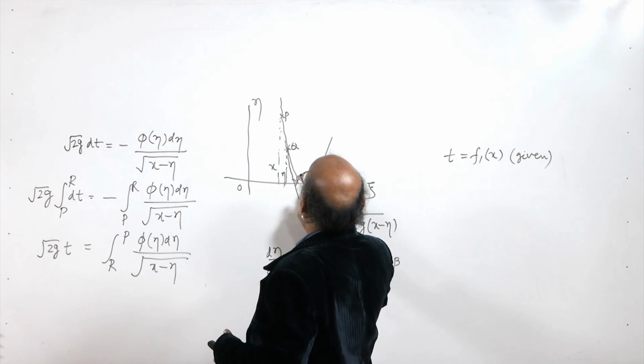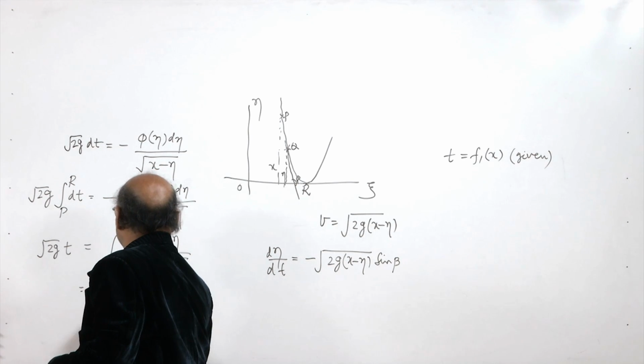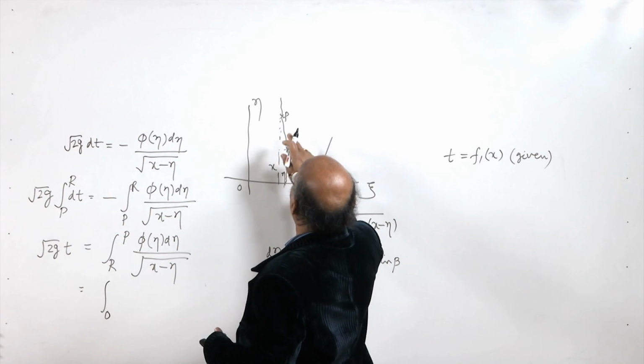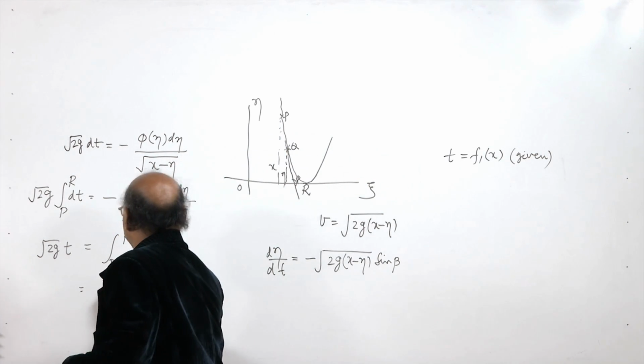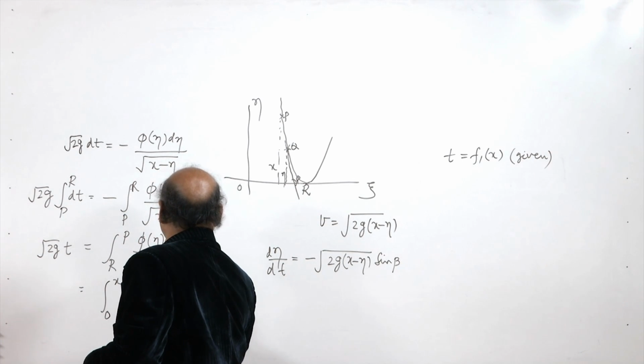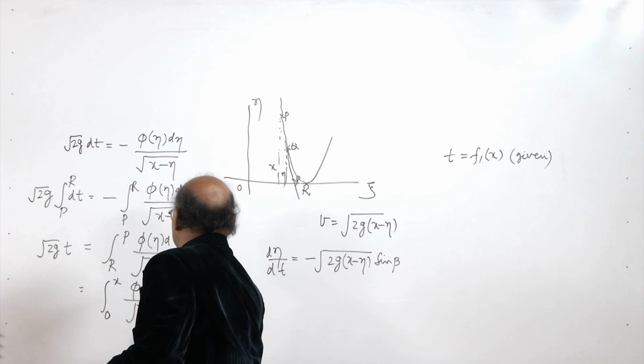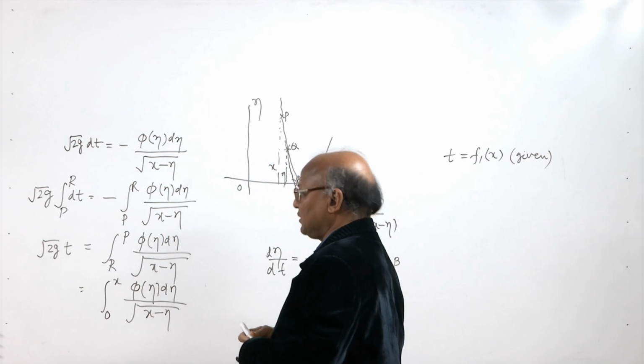Now the ordinate of the point R is 0 and the ordinate at the point P is x, so we have the integral from 0 to x of phi(eta) d eta divided by under root (x minus eta).